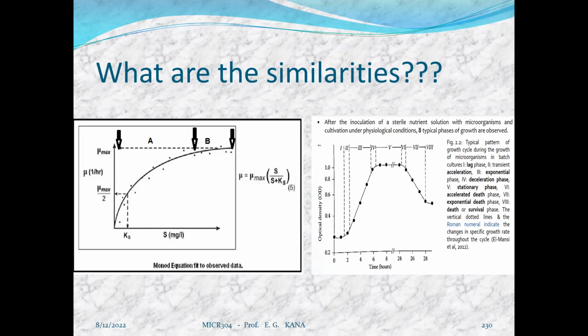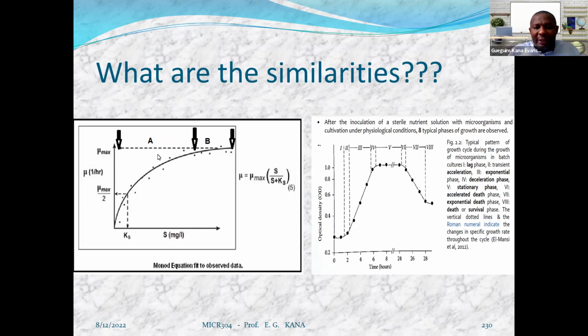You clearly see that in the A zone, if you project to the curve and the y-axis, the growth rate here is not maximum, it's below mu max, simply because the nutrient concentration is not enough. And again, if you look at the x-axis, you realize that you have a lower concentration of nutrient. That's the reason why Nolu has said that A will correspond to the deceleration phase when cells are running out of nutrient.